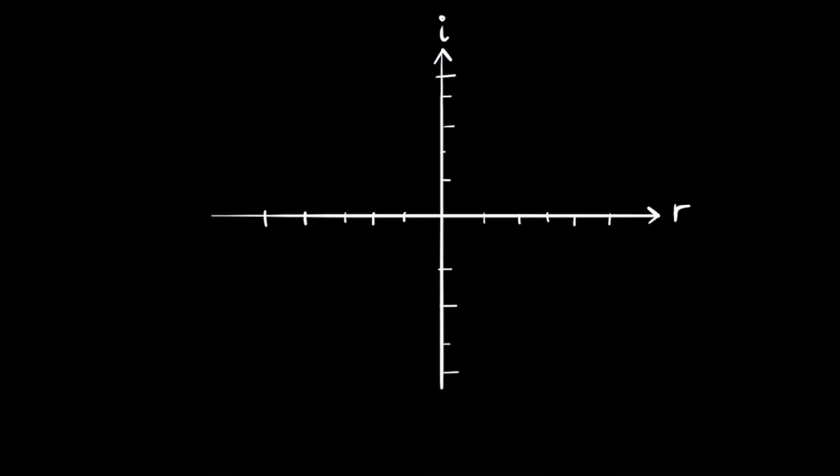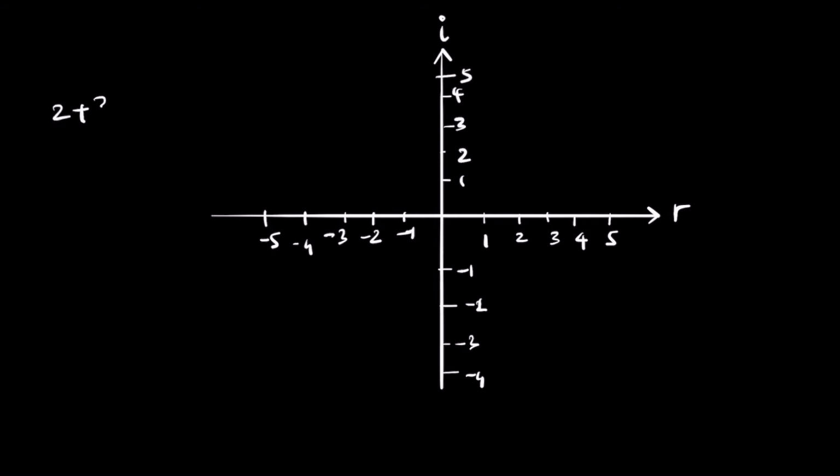Let's say this is 1, 2, 3, 4, 5, minus 1, minus 2, minus 3, minus 4, minus 5, and similarly on the other axis.